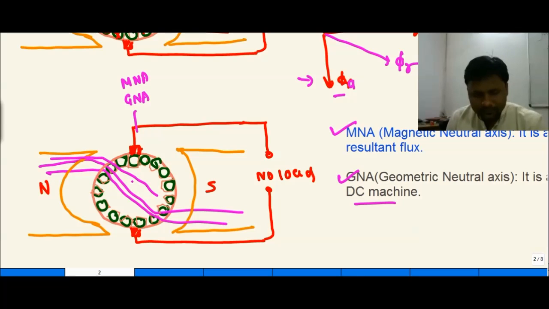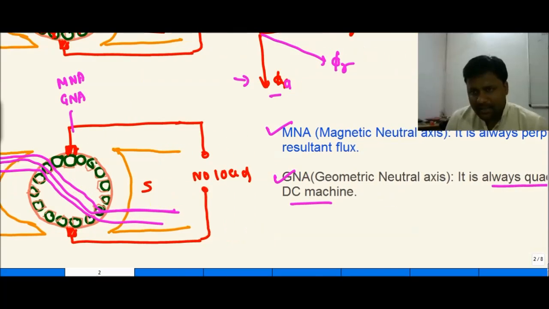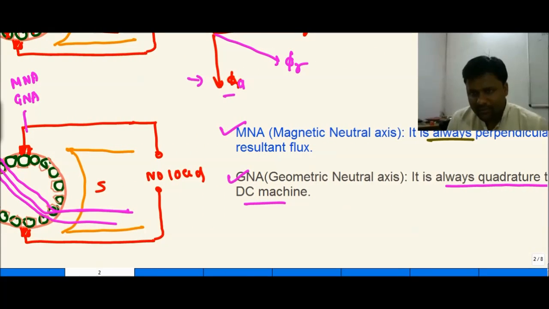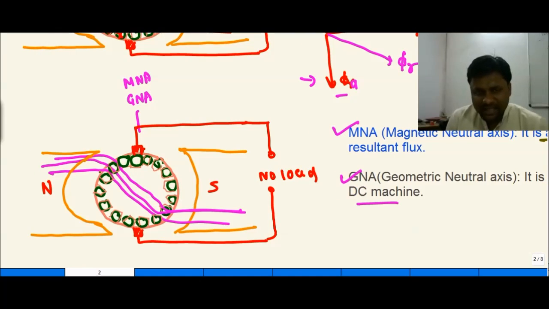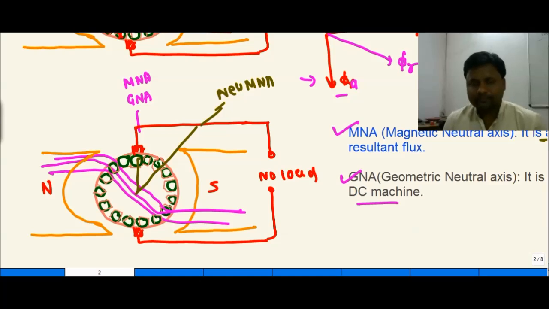So MNA is also going to be changed, because the MNA is the axis which is always perpendicular to the axis of the resultant flux. Here the resultant flux is going to be changed. This is our new MNA.